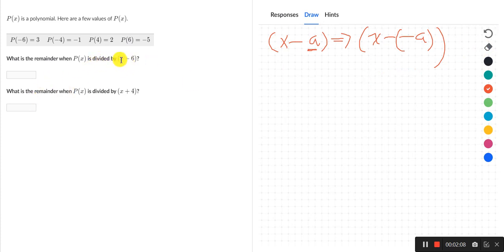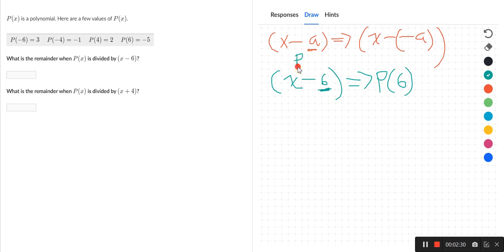So we take this binomial here, x minus 6, and a will be 6.